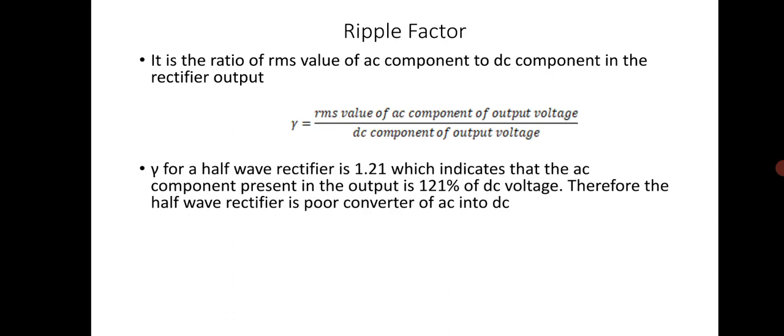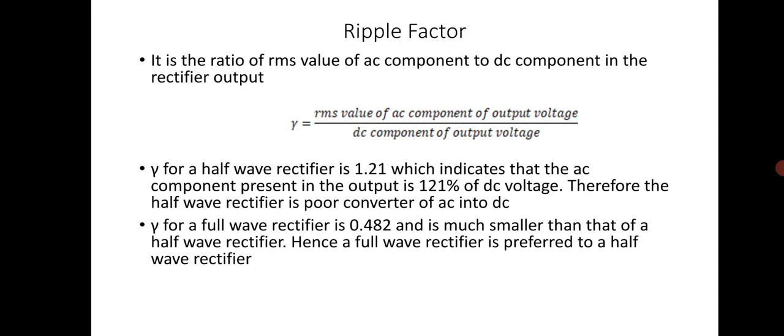So the ripple factor of the half wave rectifier is 1.21, which indicates that the AC component present in the output is 121% of the DC voltage. Therefore, the half wave rectifier is a poor converter of AC into DC.